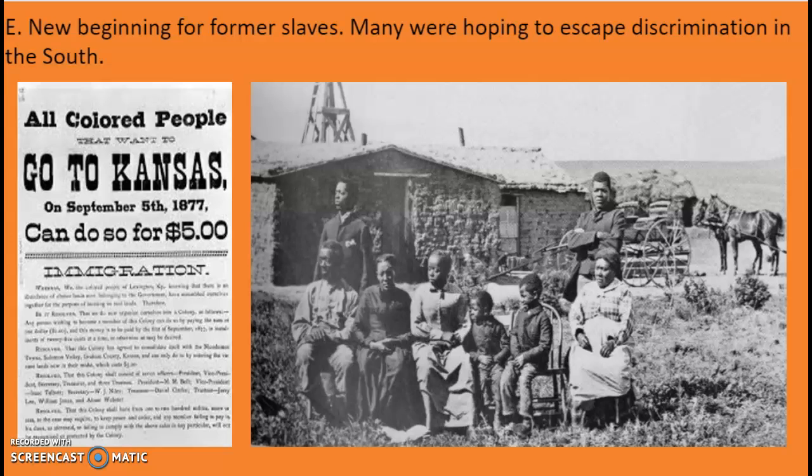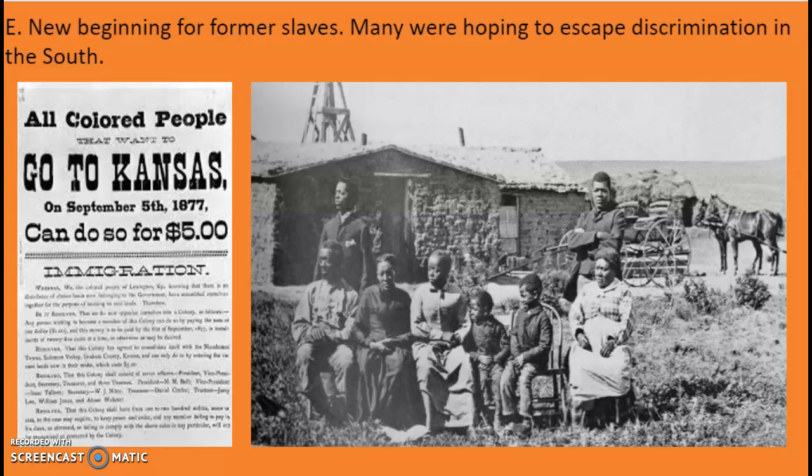For people who were once slaves, it provided a new beginning for them. Many were hoping to escape discrimination in the South. So, if we look at these graphics, the one on the left says all colored people that want to go to Kansas can do so for $5.